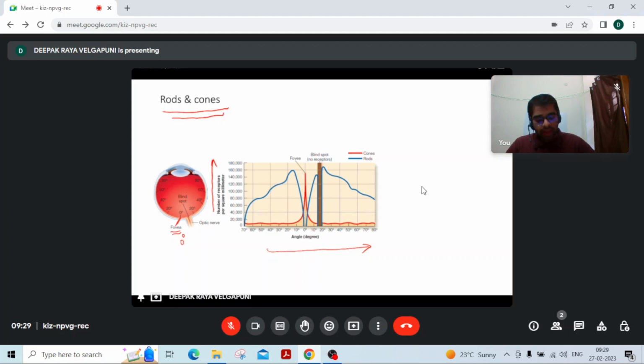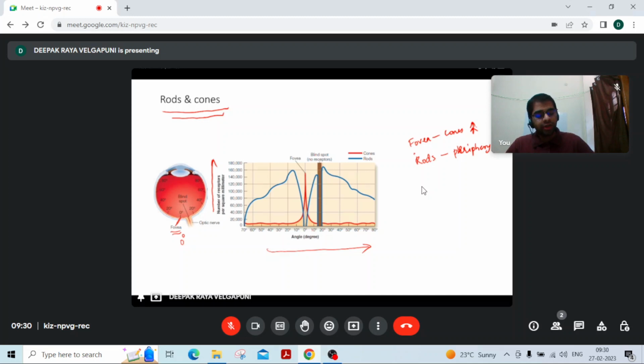At the fovea you have a high density of cones, whereas low density towards the periphery. On the other hand, rods have high density towards the periphery and almost zero density at the fovea.